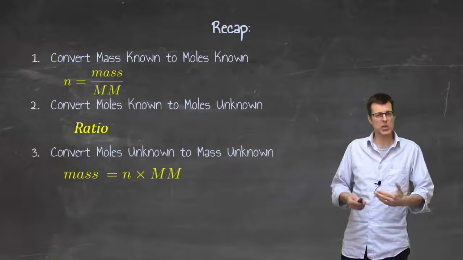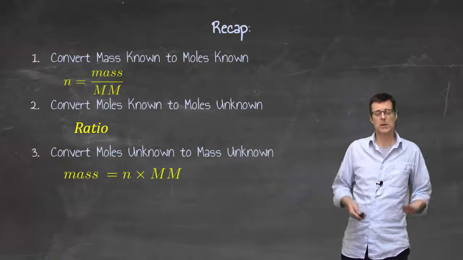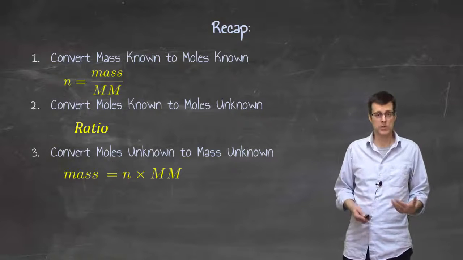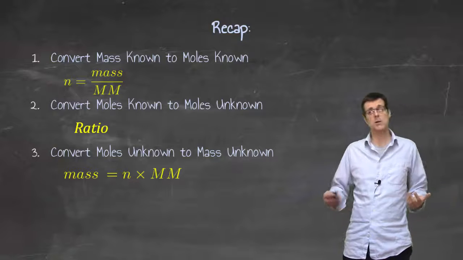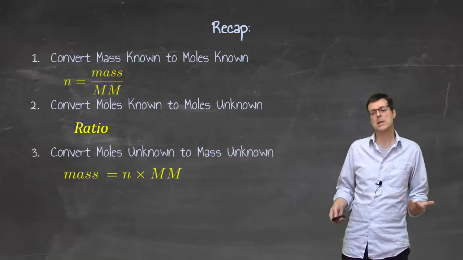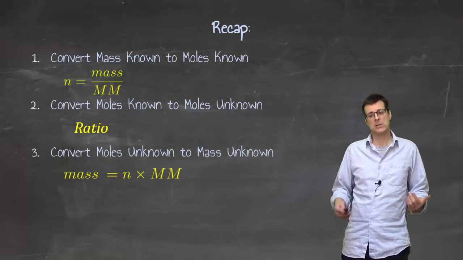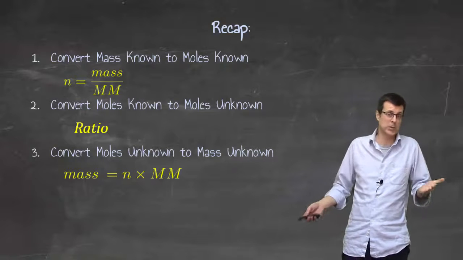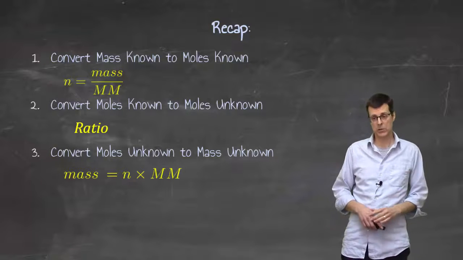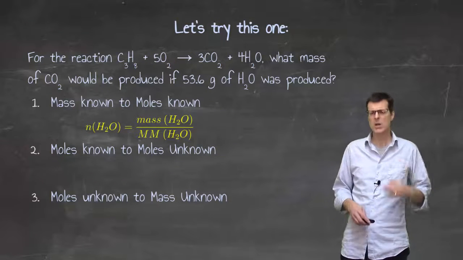The molar mass will change depending on what I'm talking about. Step 2 is always going to involve the ratio. Half comes from the balanced chemical reaction, half comes from the thing I don't know and the thing I do know. And the last step is always mass is number of moles times molar mass, where again the molar mass is going to be different depending on the formula, depending on the compound that I'm looking for. Okay, so we're going to try one.